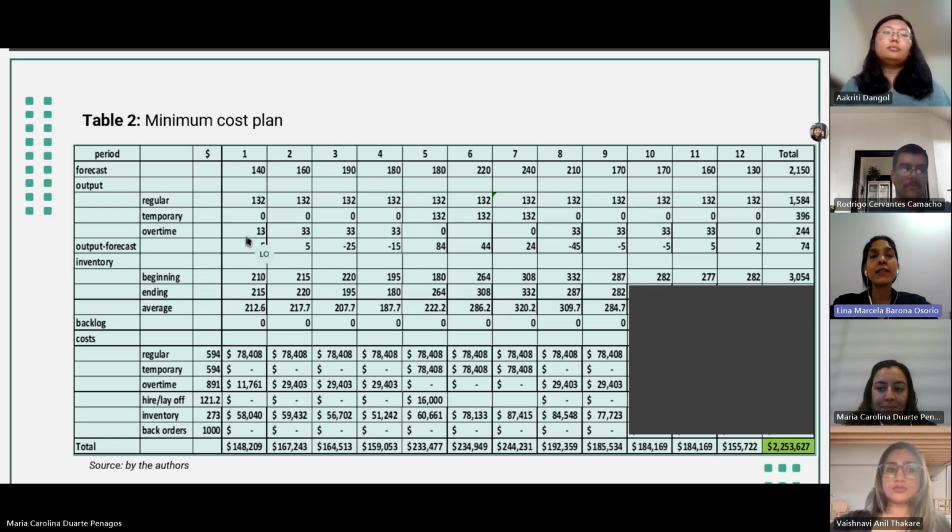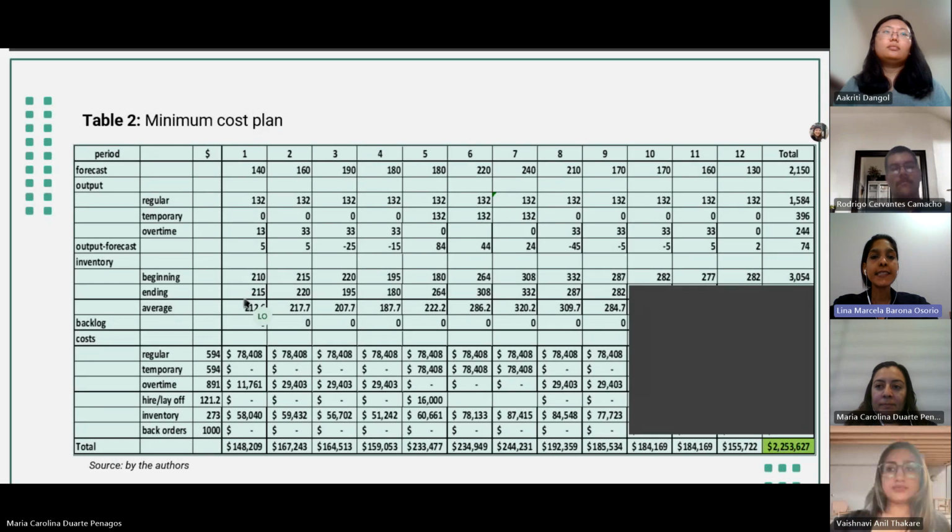With that calculation, we get the output forecast. For the output inventory, the beginning inventory for January, we had that information from the case. And for the other months, this is the ending inventory of the previous month.